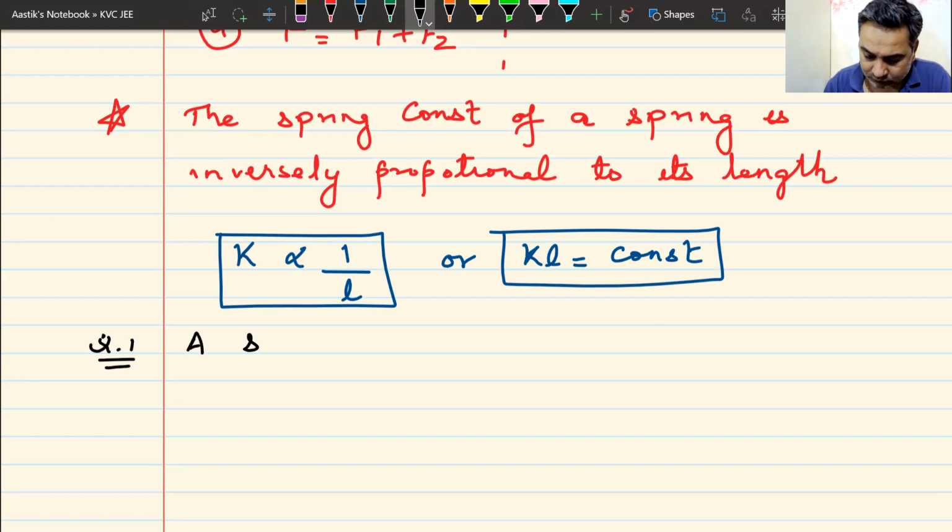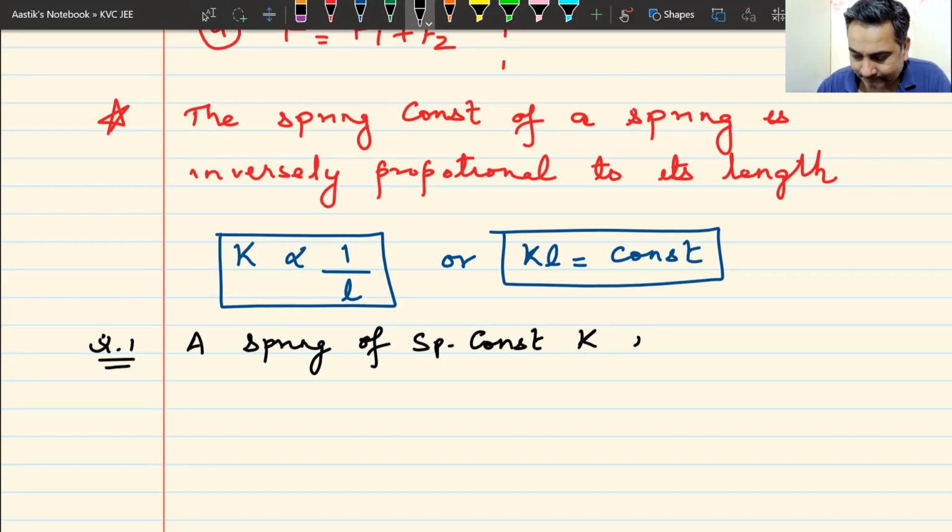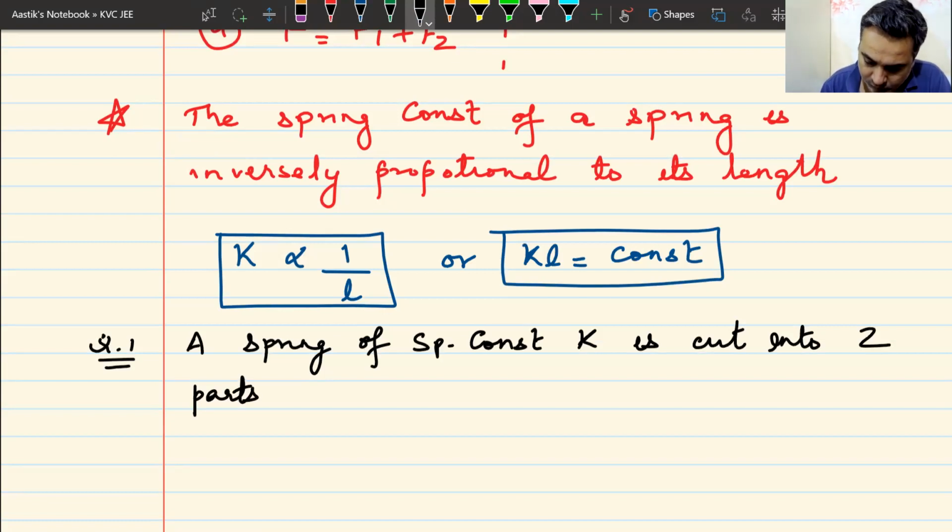A spring of spring constant K is cut into two parts in the ratio 1:2.